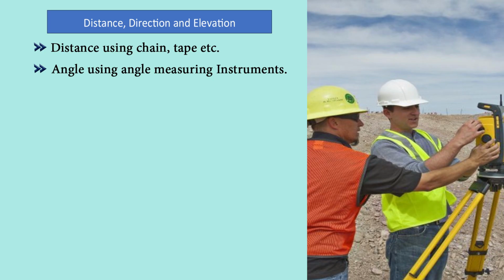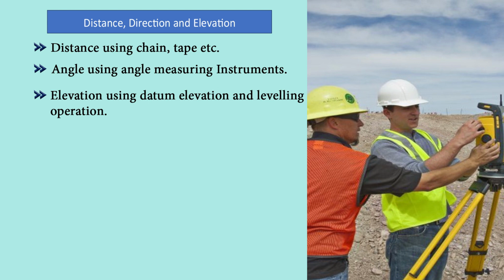The next term is elevation. What is elevation? Elevation denotes the height at which a point is situated with respect to a reference point. I will again give a simple example.